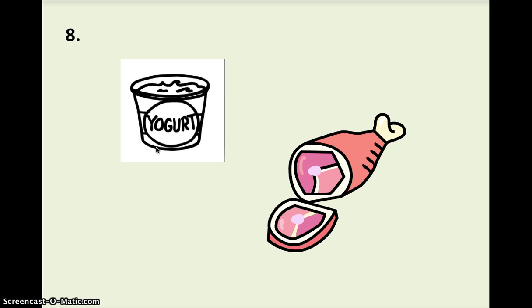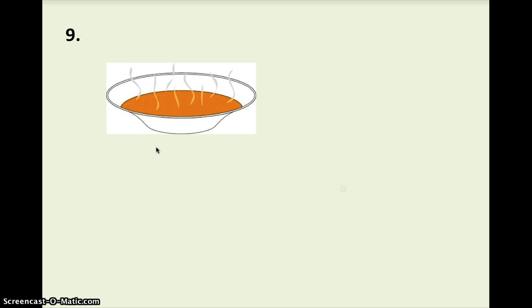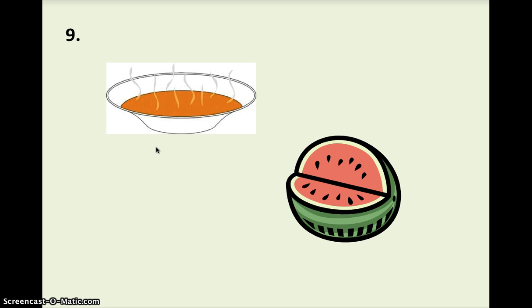Numero 8, we have yogurt and we have ham. So how would you say ham yogurt? The correct answer would be el yogur de jamón, or ham yogurt. For numero 9, we have soup and we have watermelon. So how would you say watermelon soup?